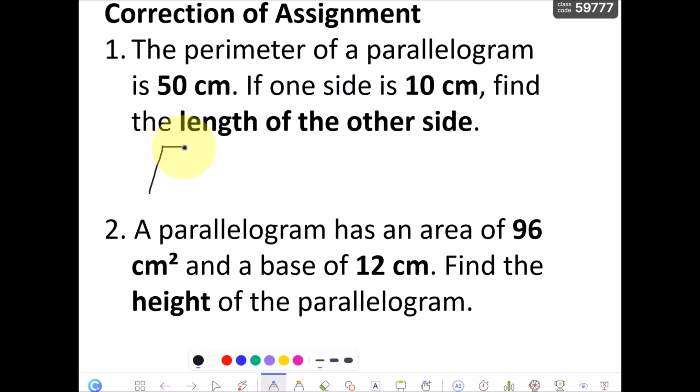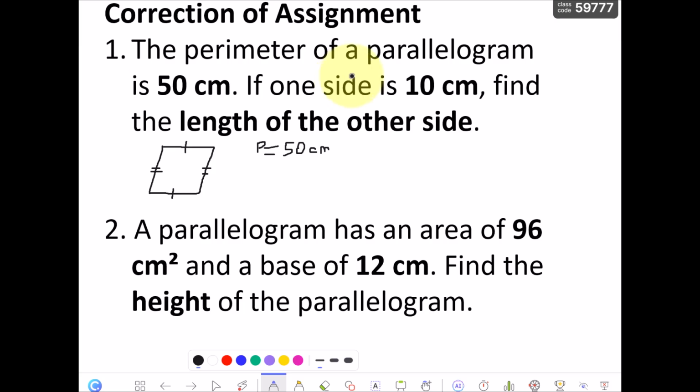So if you sketch the parallelogram, something like this, you will see that opposite sides are equal and parallel. Don't forget that is the major property of a parallelogram. Opposite sides are equal. They are also parallel. So since the perimeter is 50, what will you do now?